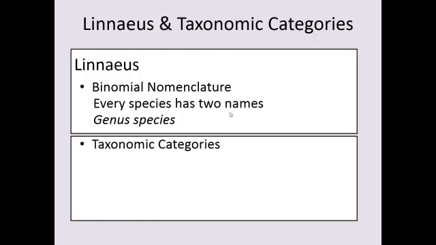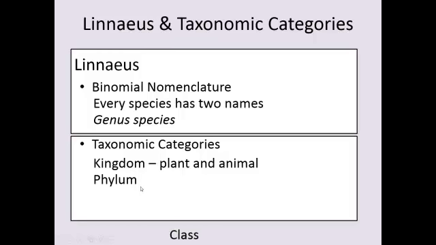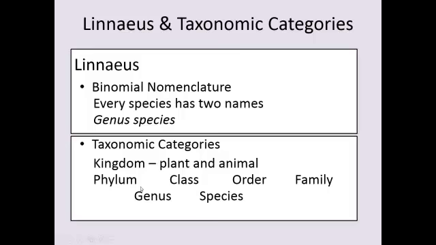So let's talk about taxonomic categories as they were set up by Linnaeus. First, we have the kingdom. Linnaeus set up just 2 kingdoms, plant and animal. Then we go phylum, class, order, family, genus, and then species, with genus and species going into the name of the individual organism.